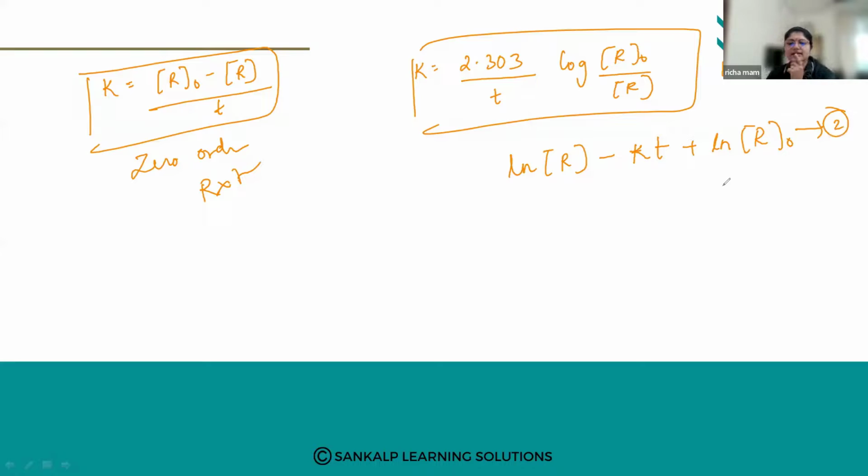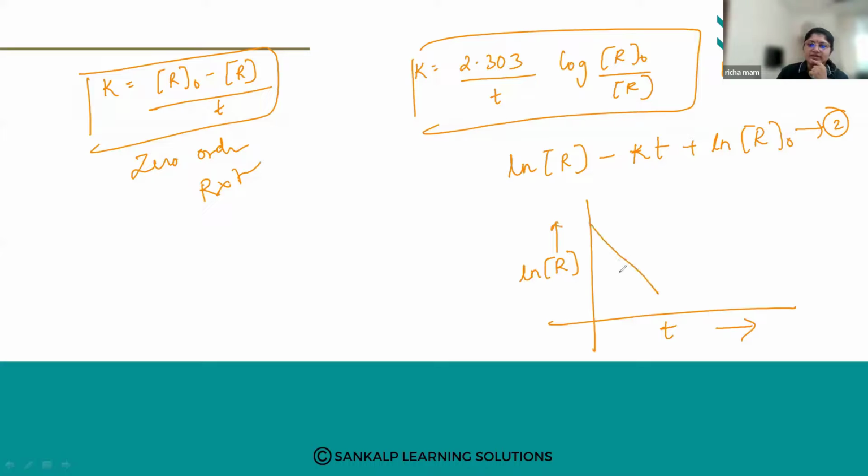By taking equation 2, this will represent a straight line, where we are plotting a graph of ln R versus time. You have a straight line, your slope is minus k, and your intercept is ln R naught.